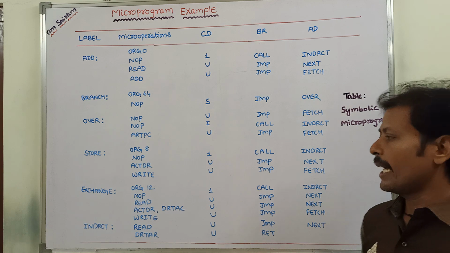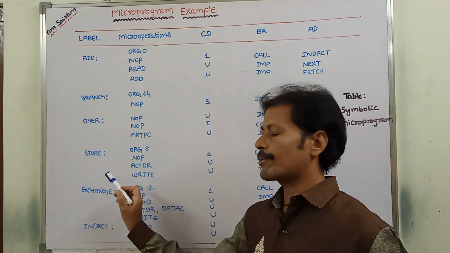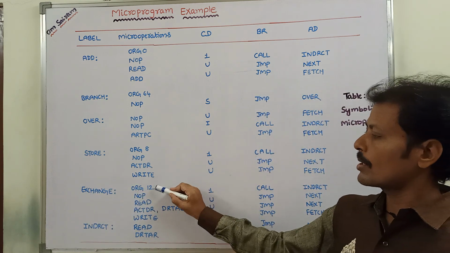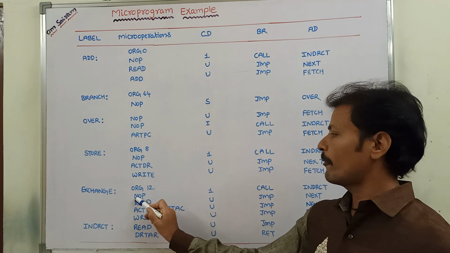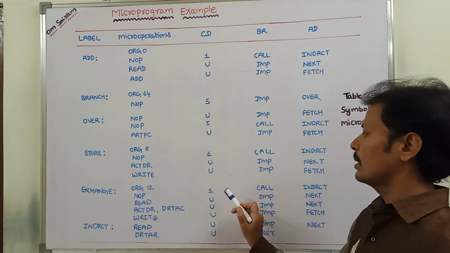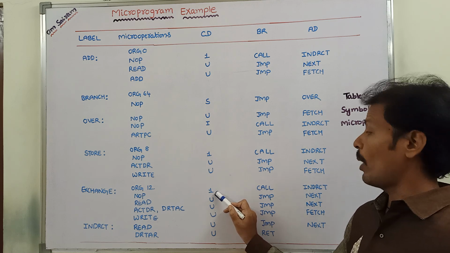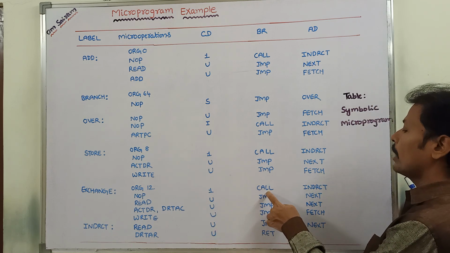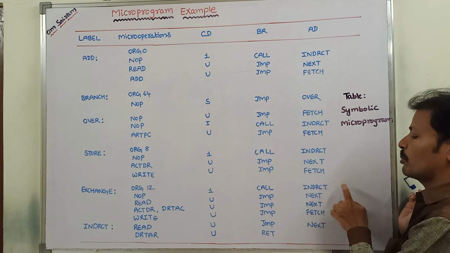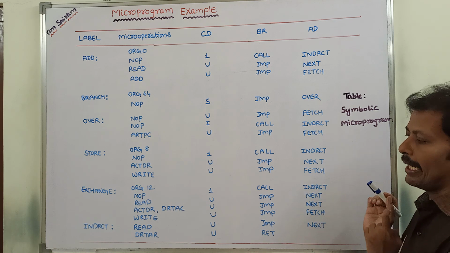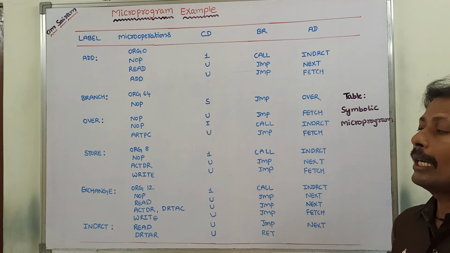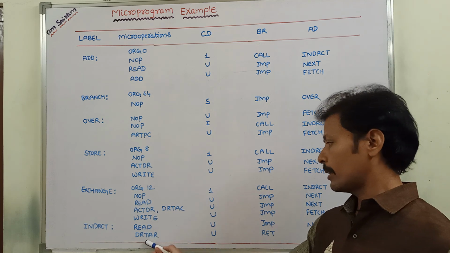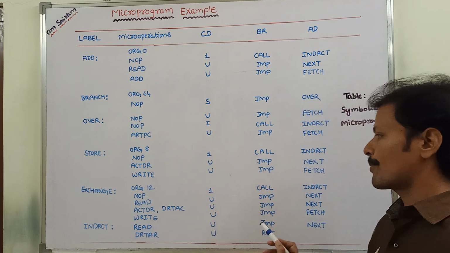Next one is the exchange instruction. The exchange instruction starts at address 12. We do not perform any operation. The CD field contains 1, so we have to call the subroutine. For that purpose, we have to write indirect. So we fetch the data from the indirect address by using these two instructions.